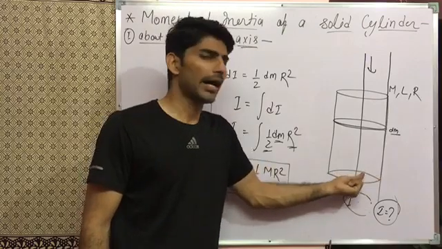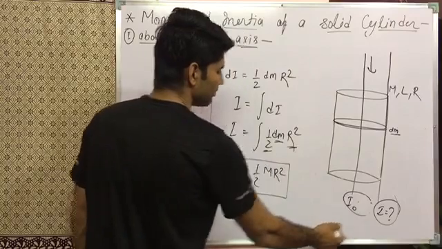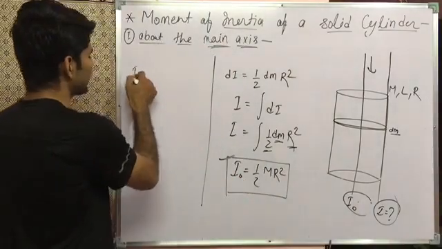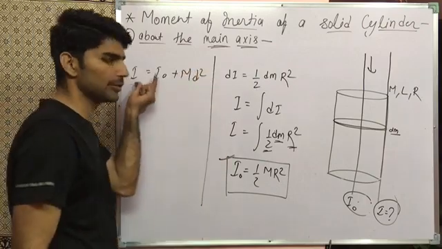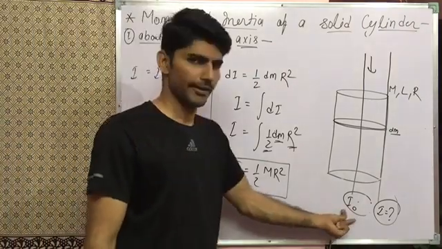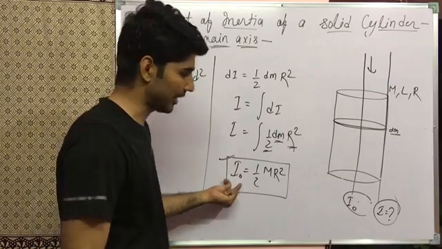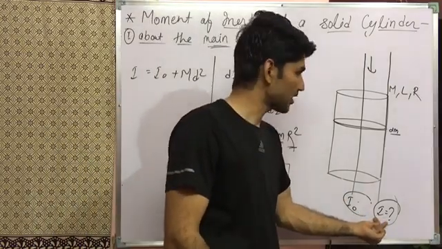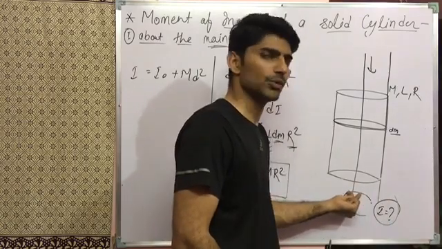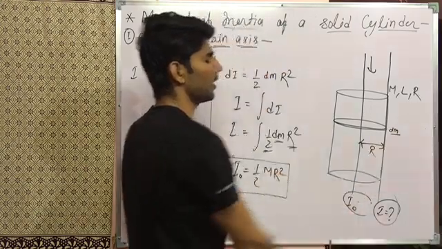These two are parallel axes, and I can use the parallel axis theorem, and I can write I is I naught plus M d square. I naught is the moment of inertia about the main axis, which we have derived, and we are going to find the moment of inertia about this axis, which is parallel to the main axis, and the distance between the two parallel axes is capital R.